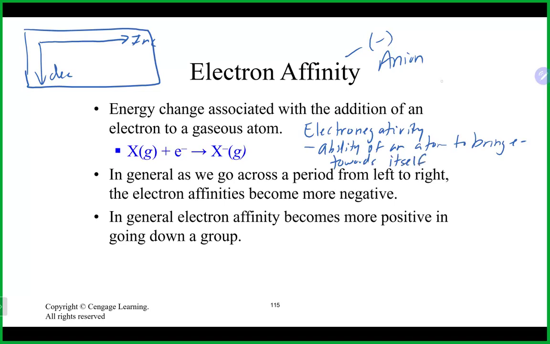And electronegativity increases on the periodic table as you go up and to the right, and decreases as you go down. Our most electronegative element is fluorine, the most electronegative element that you could have.